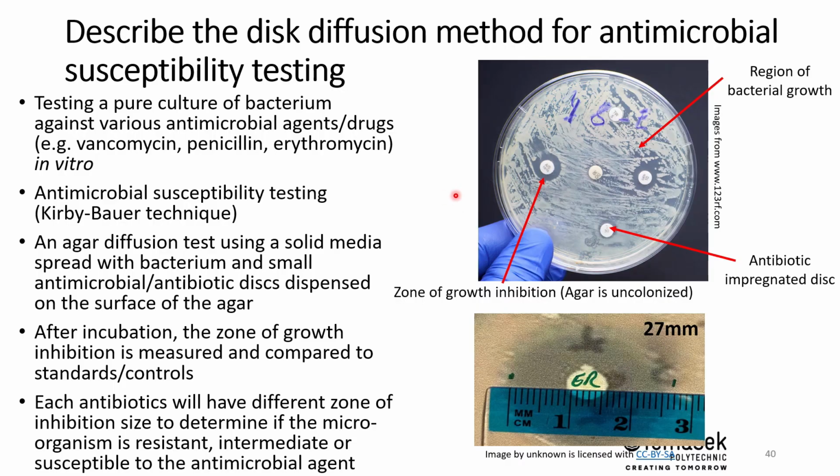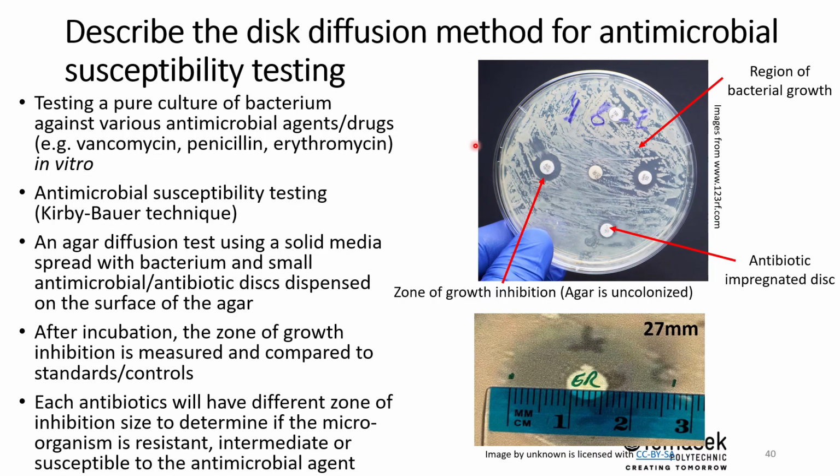Here I'm showing on the right-hand side a representative image. You have a spread plate with a bacterial lawn, and once it is fully confluent, you can apply the antibiotic discs on the lawn itself and then incubate it. These antibiotics could be vancomycin, penicillin, erythromycin, or streptomycin, for example.